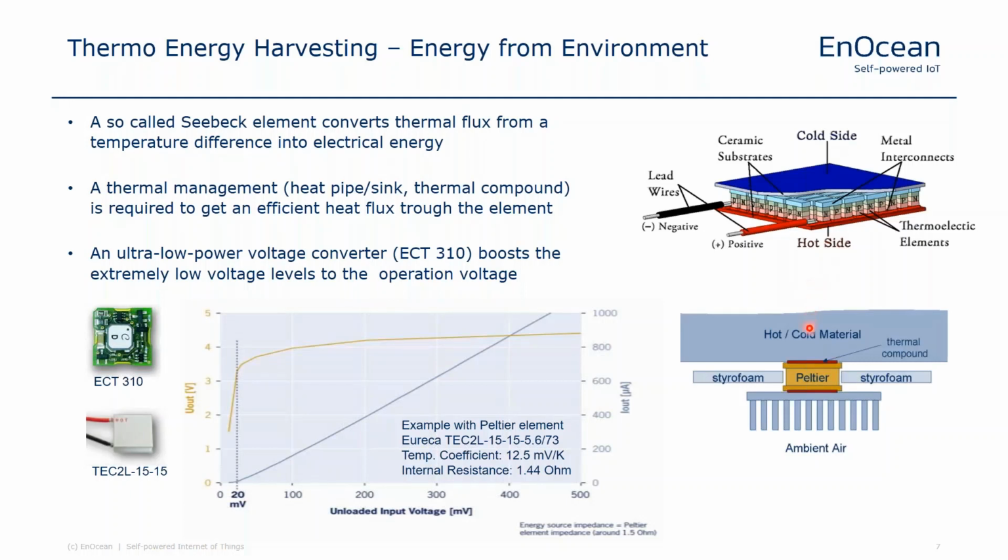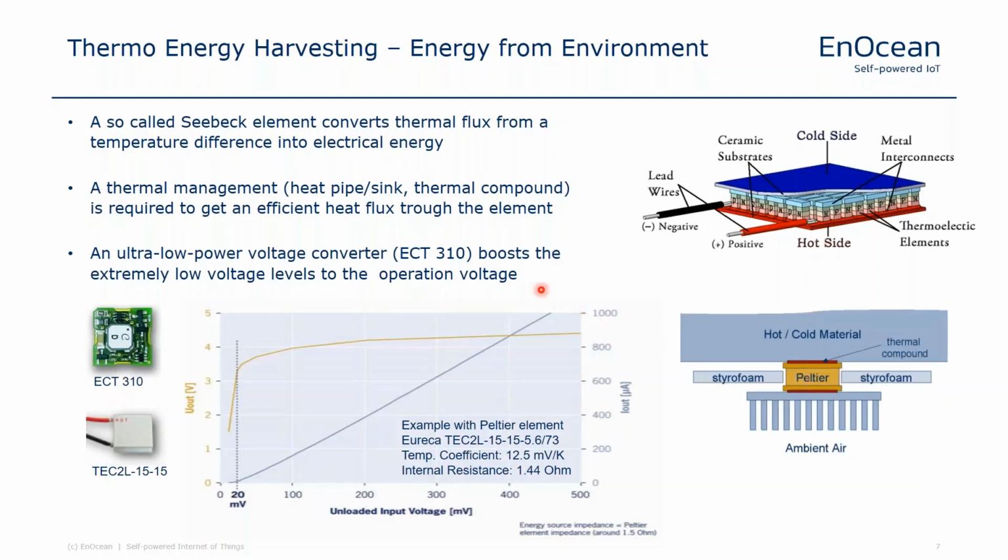You see an example below. You need thermal management, which means the thermal flux has to come from one side to the other side. In this case, we have, for example, the hot material on the one side. The thermal flux goes via the Peltier element, with some thermal compound in between, to the ambient air, and you need some isolation in between, like styrofoam.